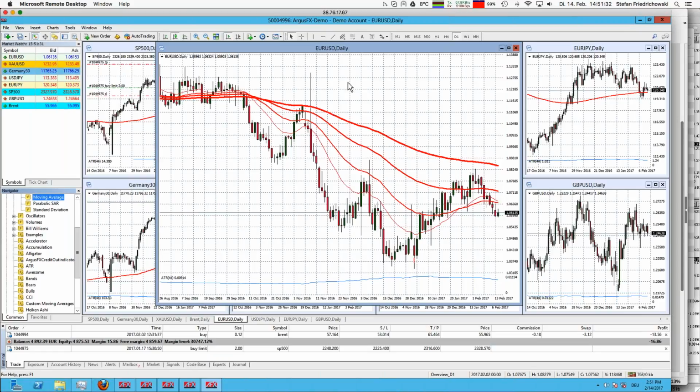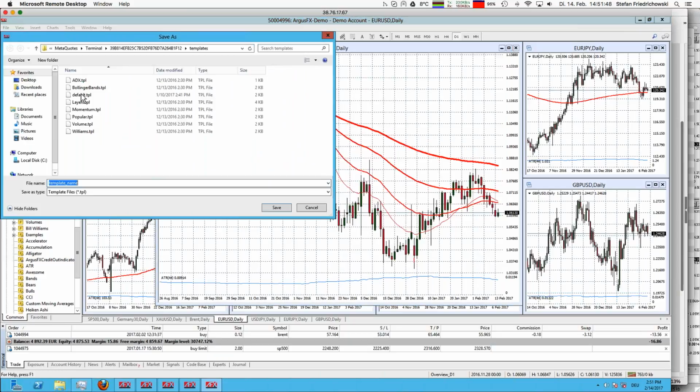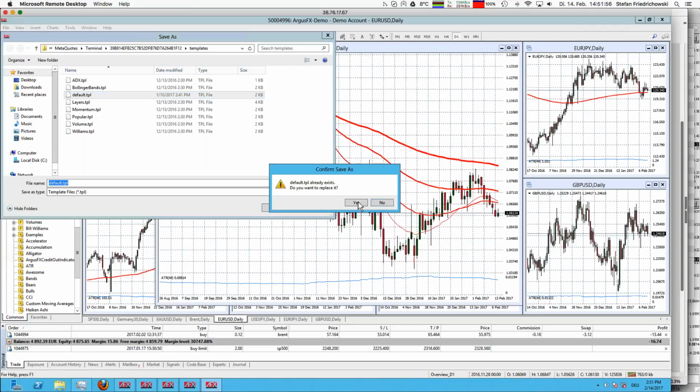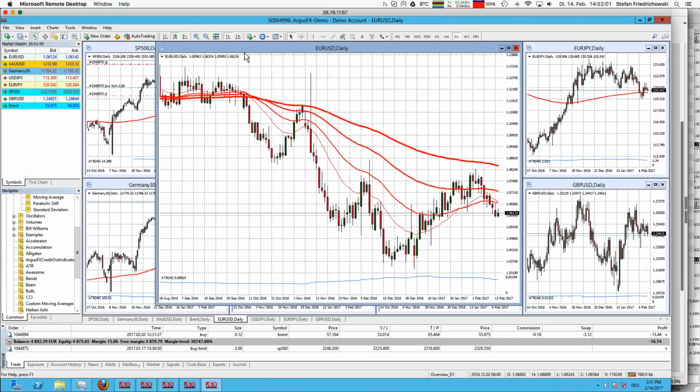So, to have it a little bit easier here, I apply this as a standard template. By doing so, I can get that template, or any other, I could name it differently, but it makes my life in the future a little bit easier to have that as a standard template.